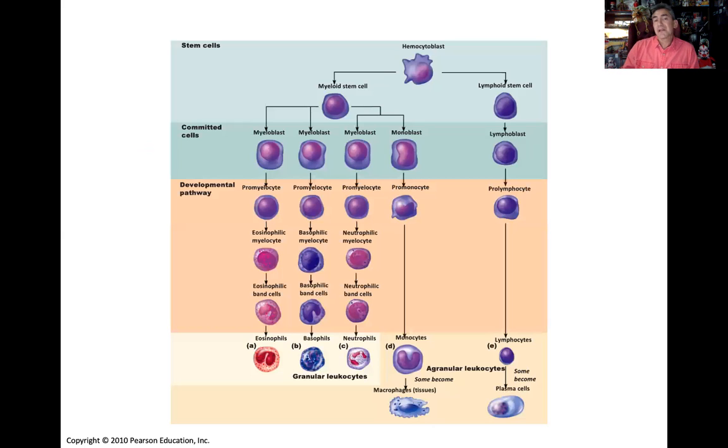The development is more complicated again, but it starts with that same sort of generic cell. We learned about the hemocytoblast. We talked about red blood cells. Hemocytoblasts are the same precursor for the leukocytes now. It's a different pathway. The most direct pathway would be the hemocytoblast going to the lymphocyte path here.